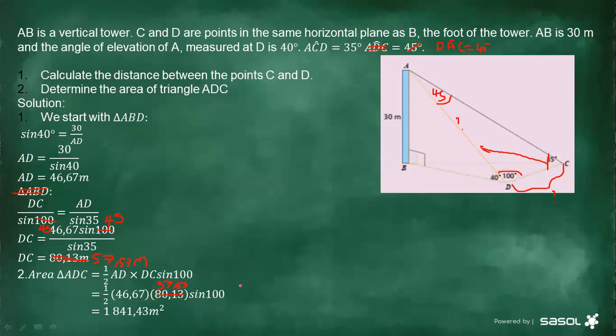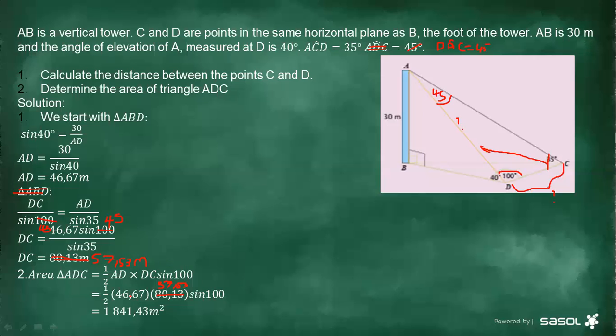So you say half multiplied by 46,67 multiplied by 57,53 times sine 100.